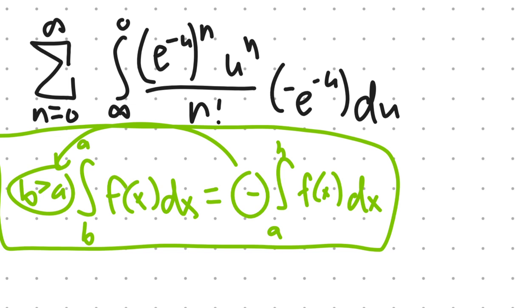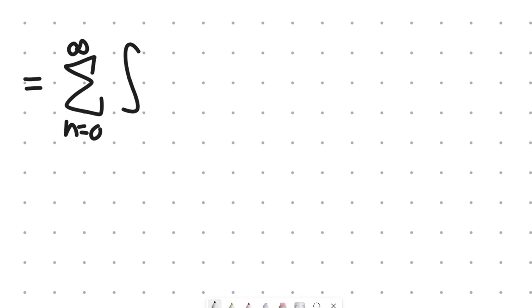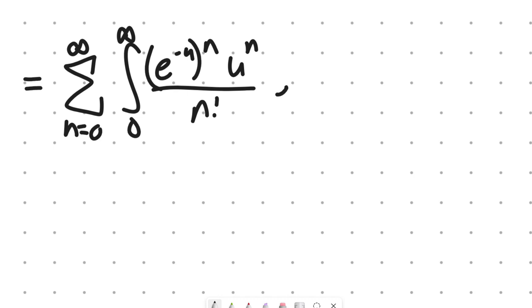So we're just going to use one negative sign. And where can we find a negative sign? We can find a negative sign over here. So this will change the boundary to 0 and infinity, which will lead us to this integral. So we will just have the infinite summation where n goes from 0 to infinity of the integral from 0 to infinity of e to the negative u to the n, u to the n divided by n factorial, times e to the negative u du.